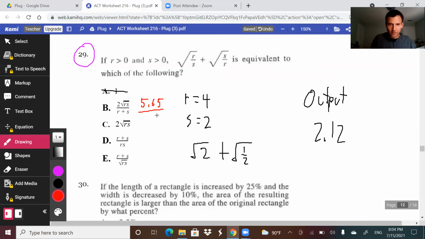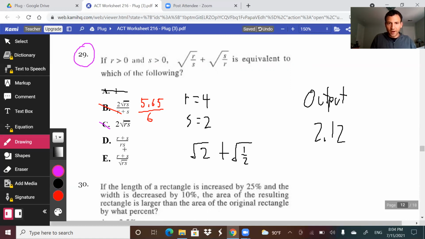Divided by 6, well, that's going to be less than 1, so it can't be that. 2 times the square root of RS, well, the square root of 8 times 2, that's likely going to be much more than 2. Square root of 8 times 2 is 5.65. Oh, we just did that, right? That's just the top of that one. I should have realized that. So that's way too high.